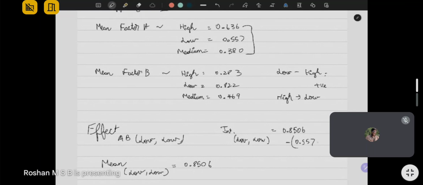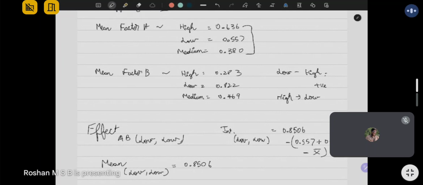You also have to subtract the mean for factor B low level, that should be 0.822, and you have to subtract the overall mean for this data.